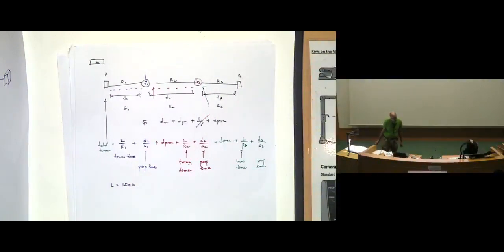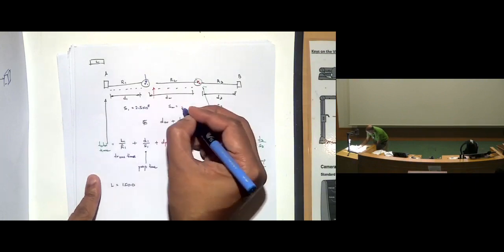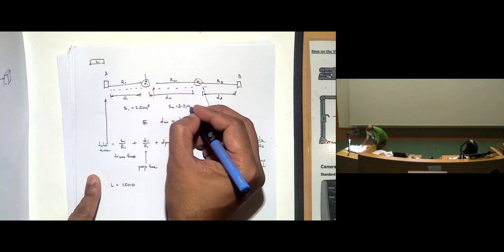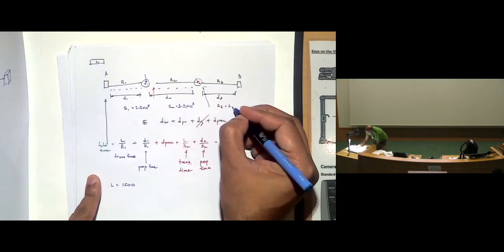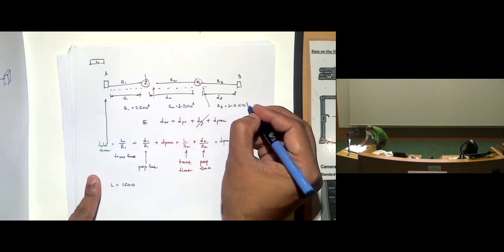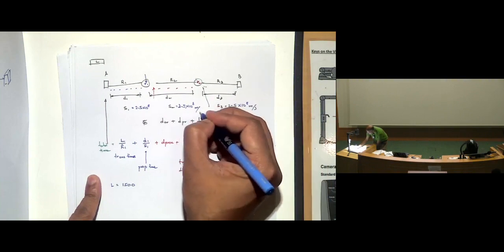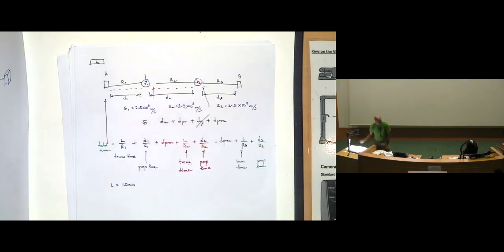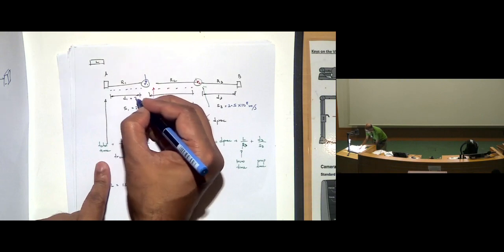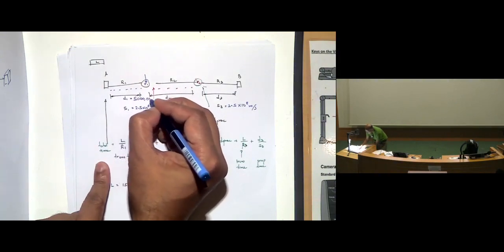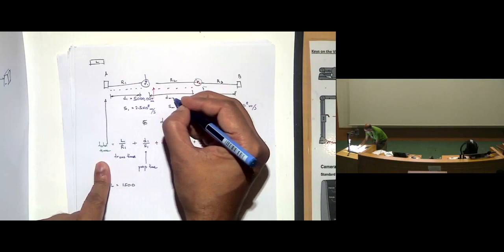And then propagation speed on all is 2.5 into 10 to the 8 meters per sec, and then these are 5,000, 4,000, and 1,000. So the only thing you need to keep in mind is the units. Be careful.